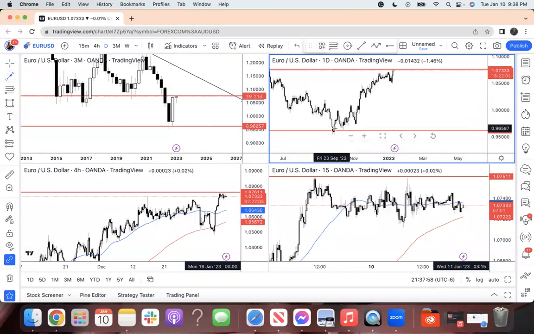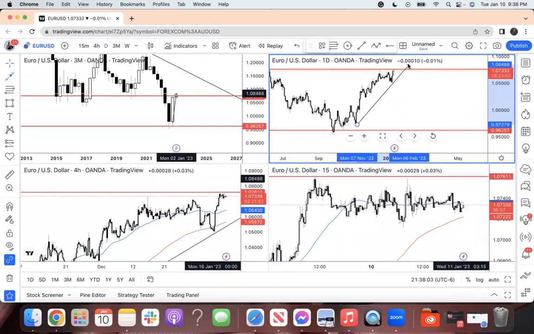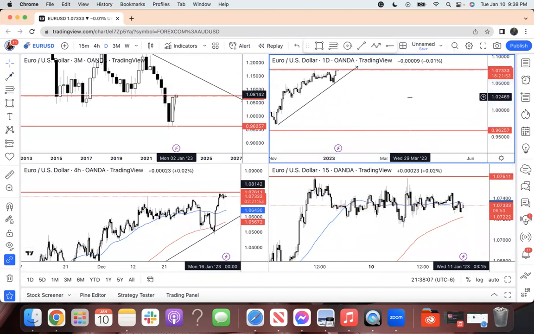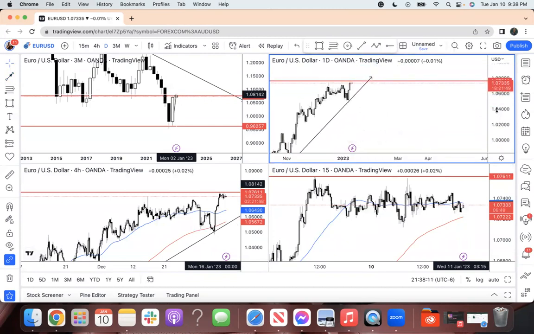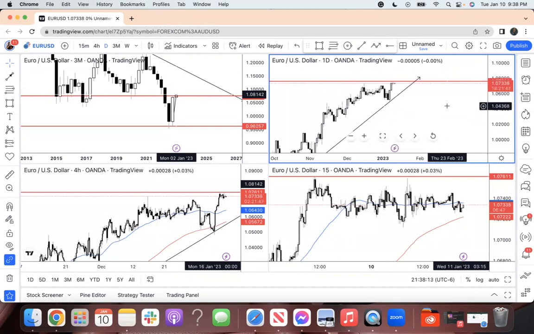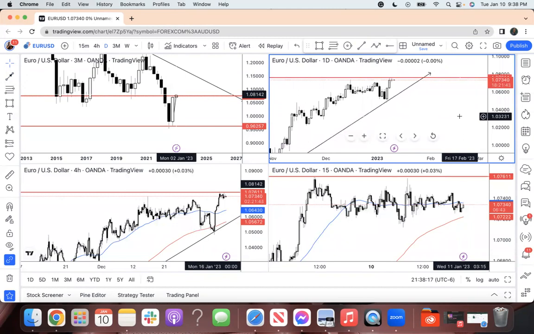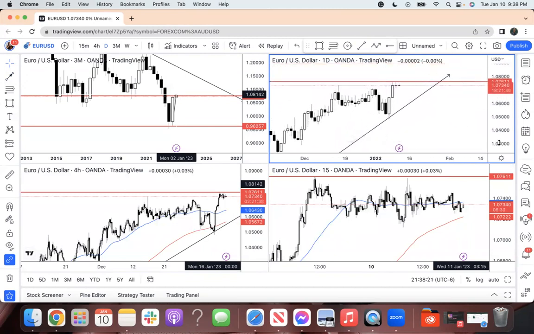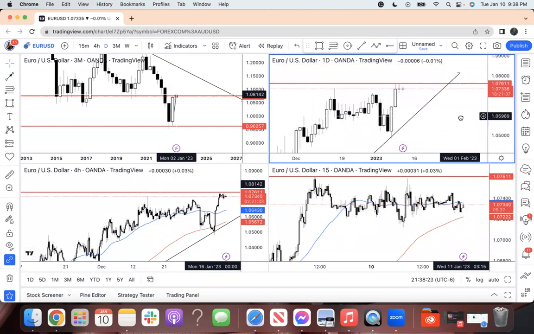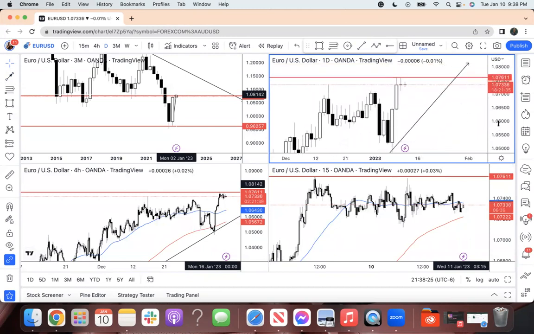And so this would be called a counter trend trade. Now we are at a major key area, because that red line represents the top of that quarterly range that we identified on the quarterly chart.